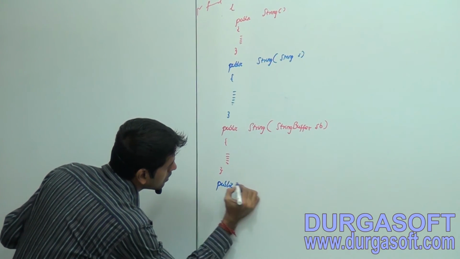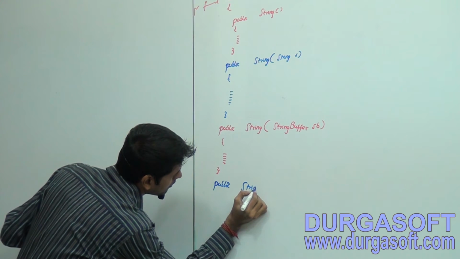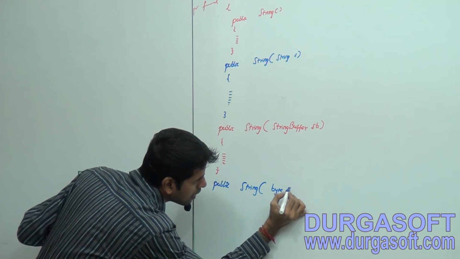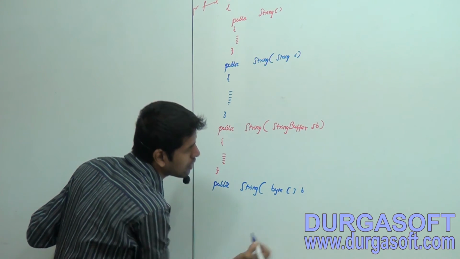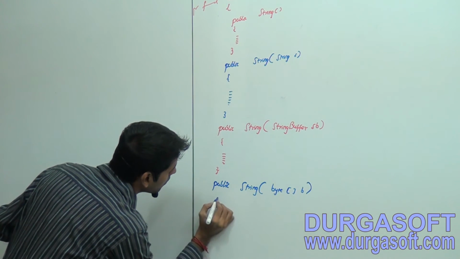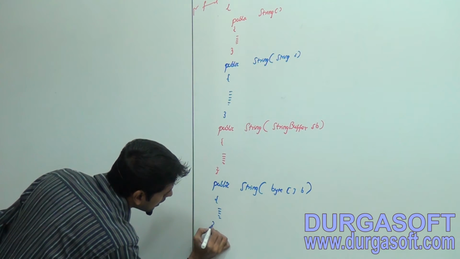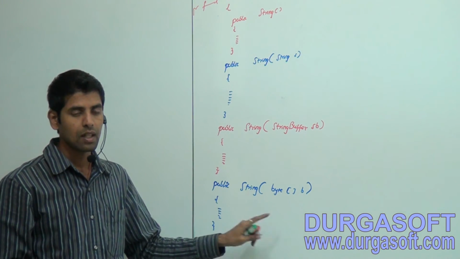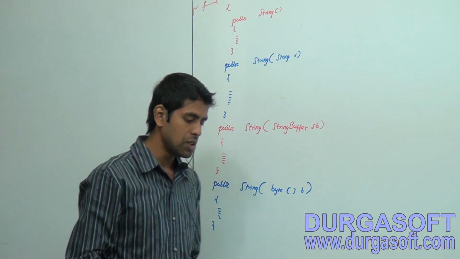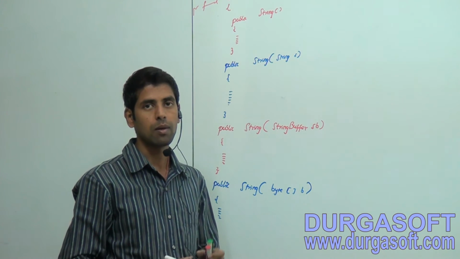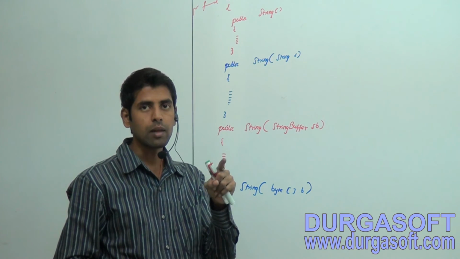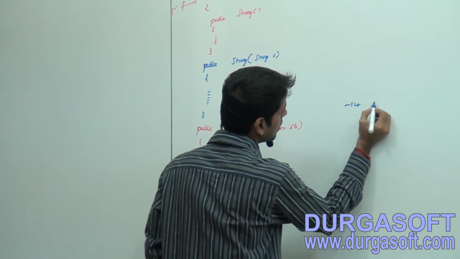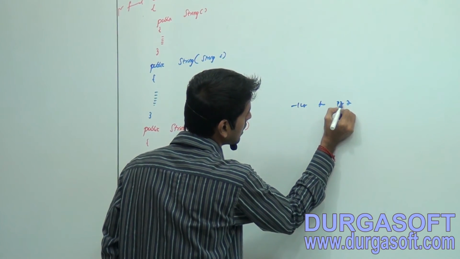Public String, with a byte array argument. Getting? Observe here, what is the range of the byte data type variable? Simple. What is the range of that one? -128 to 127.